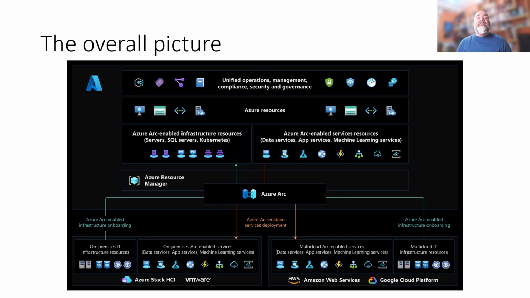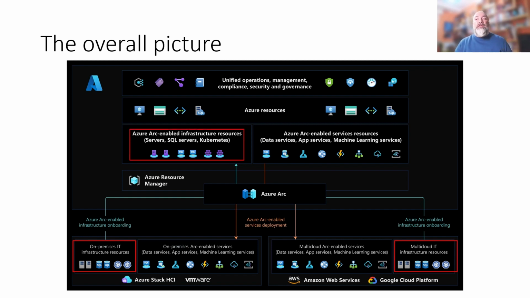Here you can see the overall picture of the capabilities that are offered by Azure Arc. Well, by installing agents on physical servers, virtual machines, and Kubernetes clusters that are distributed both on premises or in other clouds, you obtain a representation of them in Azure.